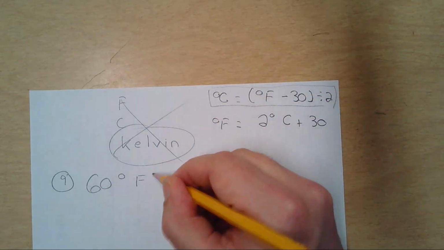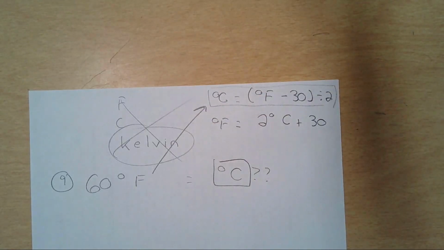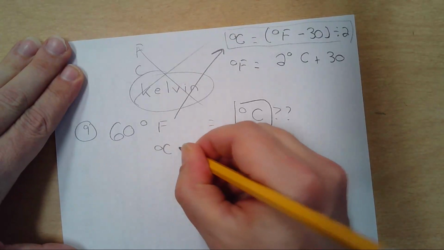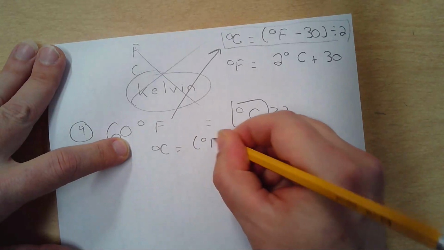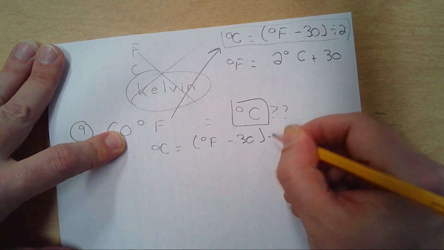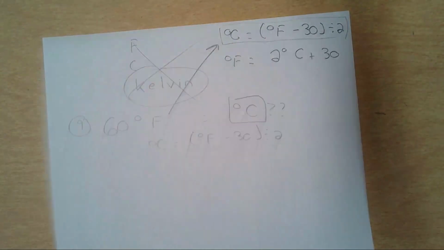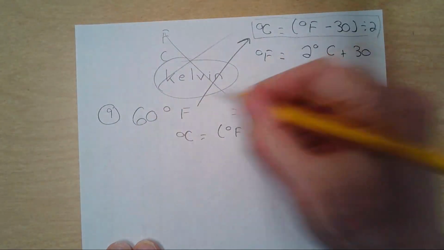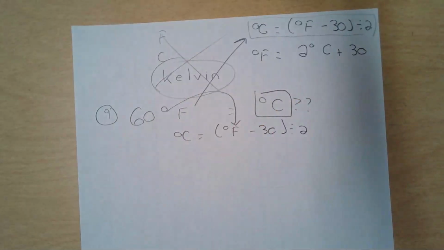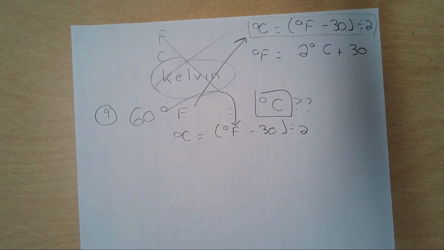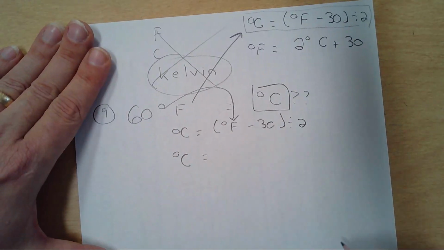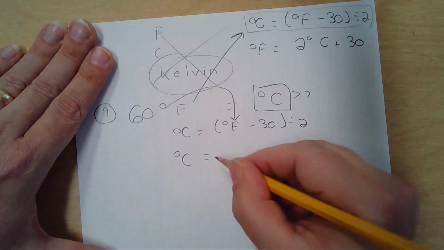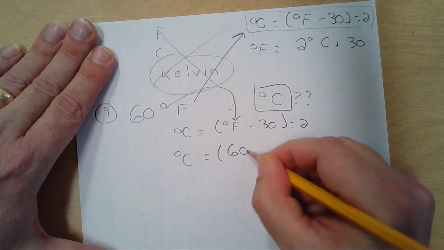So to figure out my degrees Celsius, I'll just write the formula again down here. Same thing that I had up there. I take my degrees Fahrenheit and just plug it into the equation. It is 60.